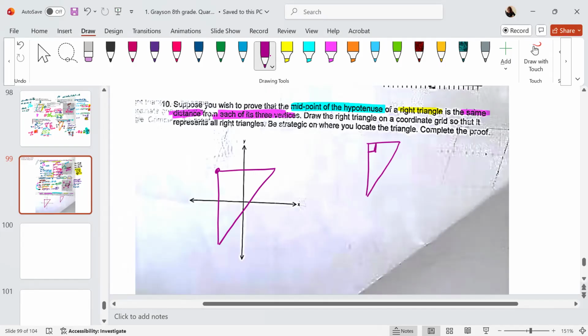So just to draw this, this is a right triangle, right? This is the hypotenuse, right? The midpoint of the hypotenuse is right here, correct? There has to be a point here and a point here that is the same distance from each of the three vertices.